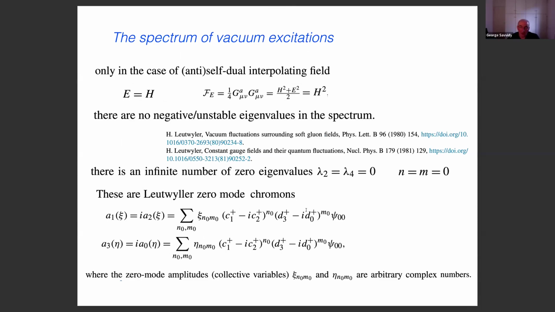Actually, to work with 0 modes is very complicated. If you remember the work of Callan and others, where quantum corrections to the instanton were calculated, there are 0 modes associated with the size of the instanton, with the position of the instanton. So it is four coordinates, x0, right?